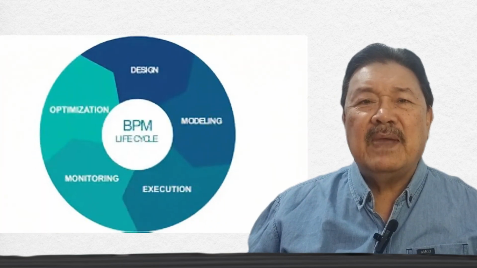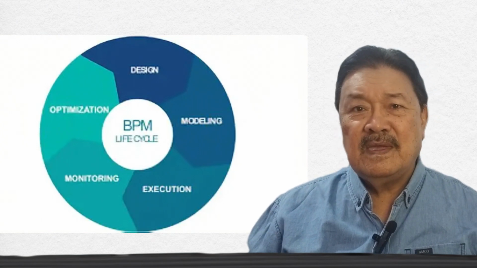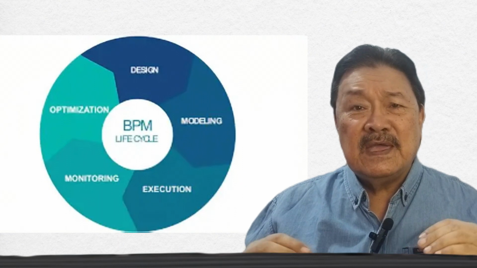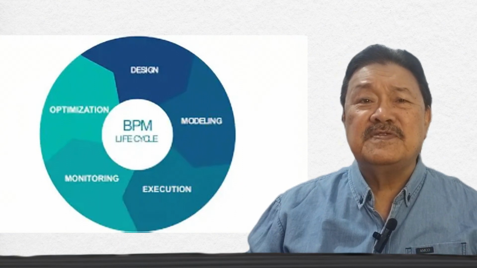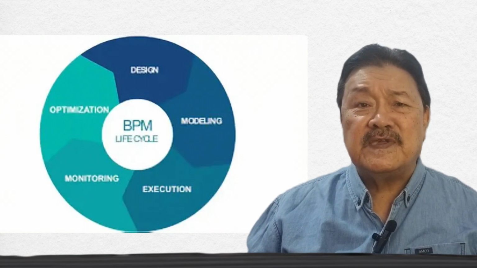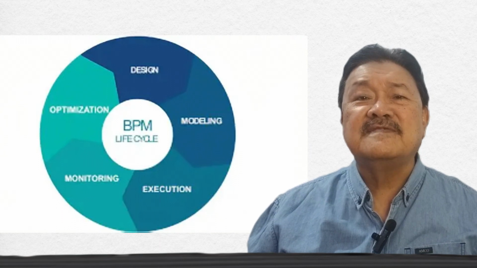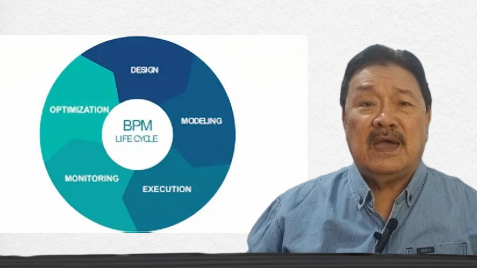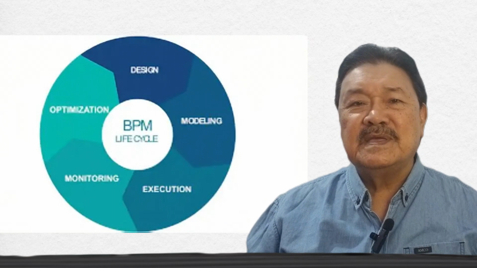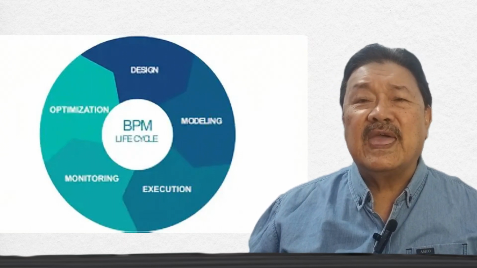Now, the BPM life cycle typically includes 5 steps. Firstly, you have design the ideal business process. Then you model the process in various scenarios. Then you implement the process and necessary improvements, after which you monitor the improvements and optimize the business process on an ongoing basis.